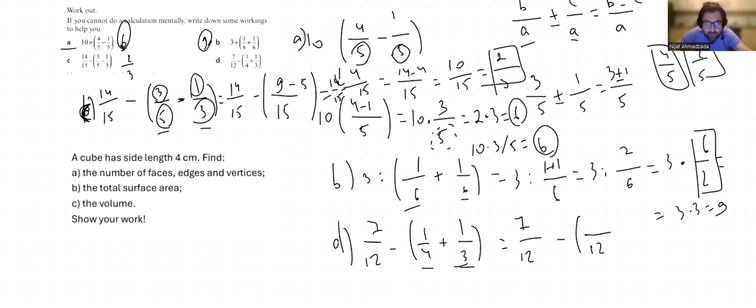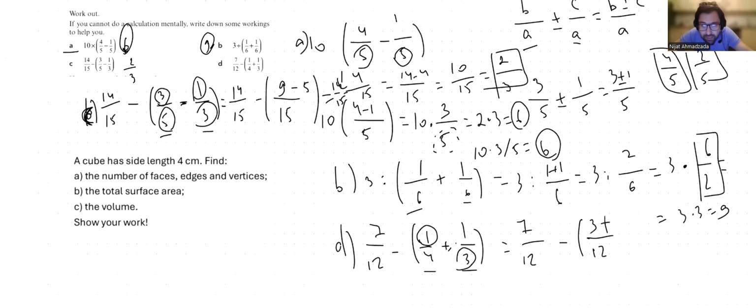Now we do cross multiplication here: 3 times 1, plus, because this sign is plus, 4 times 1, so 4.